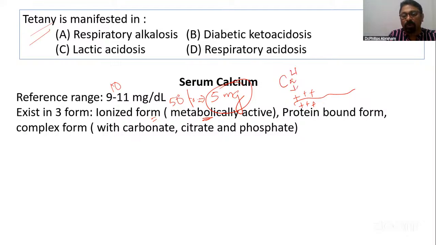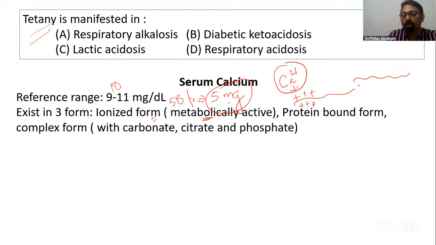So in acidosis, what happens? The calcium level in the blood will increase. Which calcium? Ionized form will be more than normal. Total will be around 9 to 11 only, but in that, instead of 50%, it will be 60 or 70. Now, in the case of alkalosis, what happens?